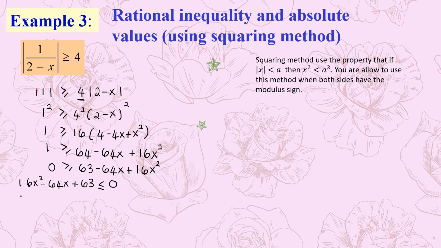And then we factor out this equation. We will get 4x minus 7 and 4x minus 9. Okay, so x is equivalent to 7 over 4 or x equivalent to 9 over 4.